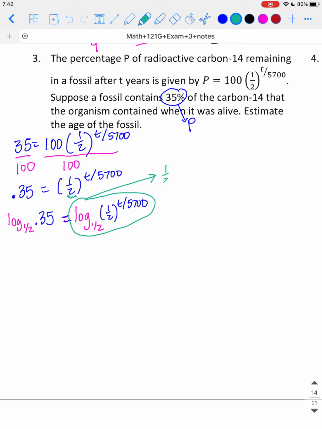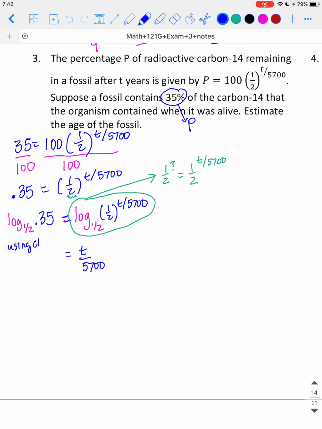This is asking you: 1/2 to what power gives you 1/2 to the T over 5,700? Since my bases are the same, my question mark has to equal T over 5,700. So on the right hand side, I'm left with T divided by 5,700.